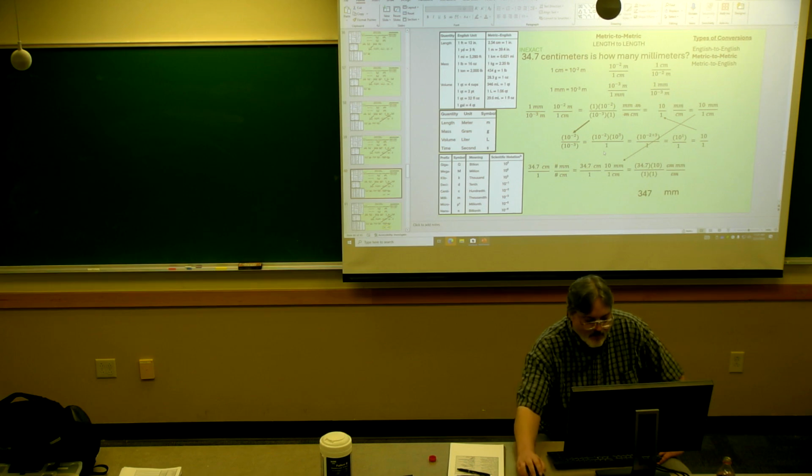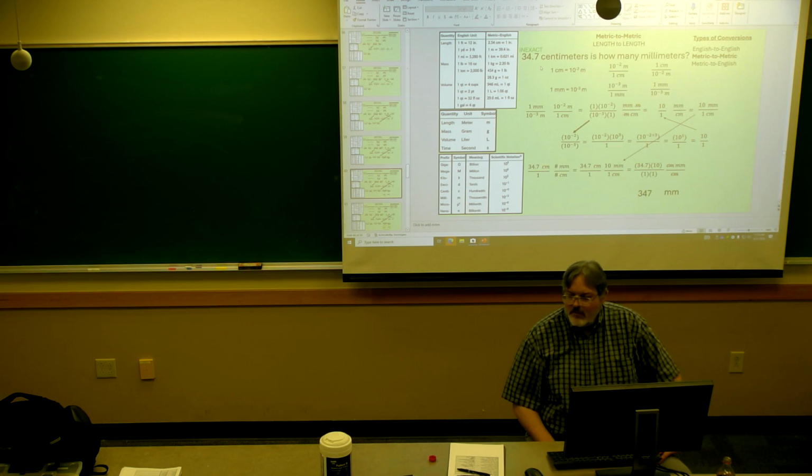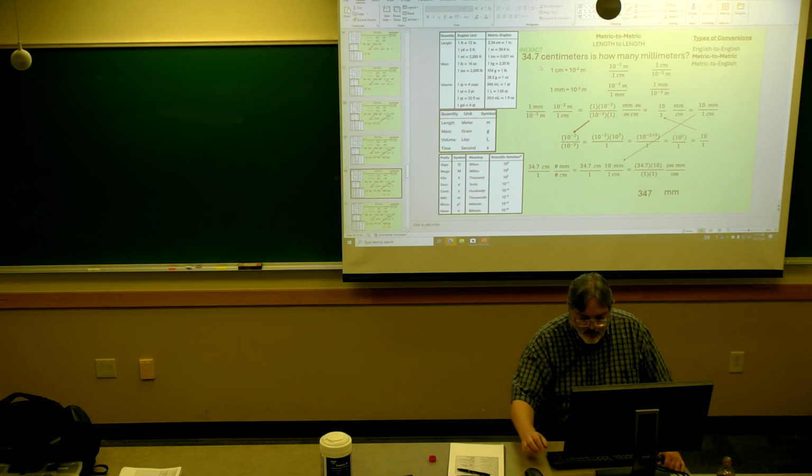I had to remember to back up and tell y'all, all of these are exact. The only number on this whole page that is not exact is this 34.7. When you're in the metric system, converting metric to metric, everything's exact, except for that one made-up number that the writer of the question had to invent.